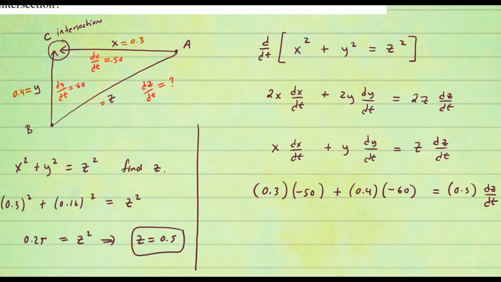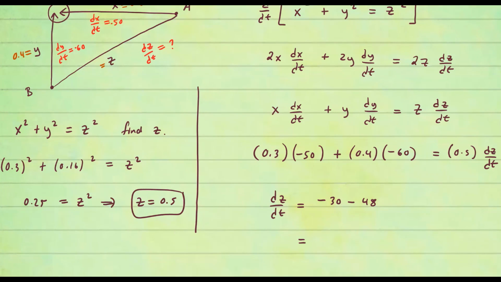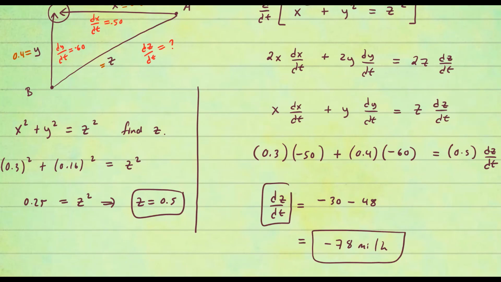With some manipulation, you will find what these numbers are. You will get dz/dt equals negative 30 minus 48, which is about negative 78 miles per hour. So that's the rate of dz/dt.